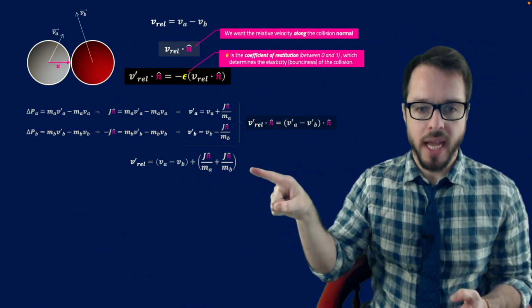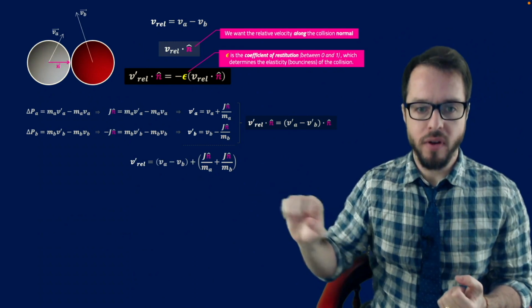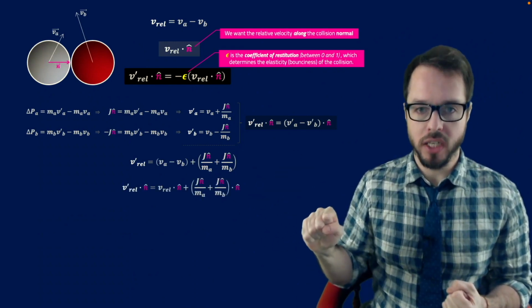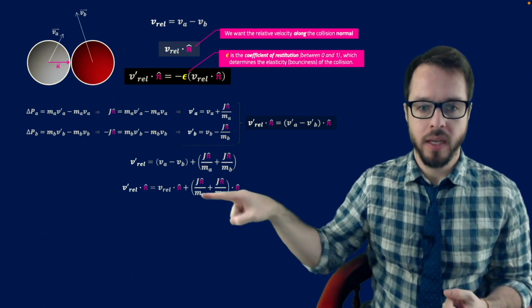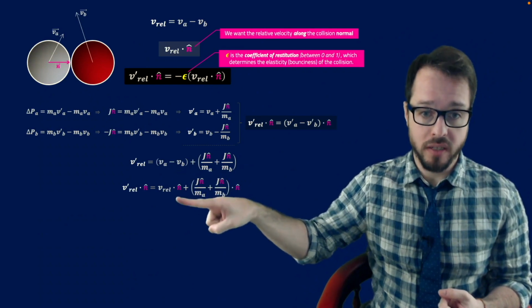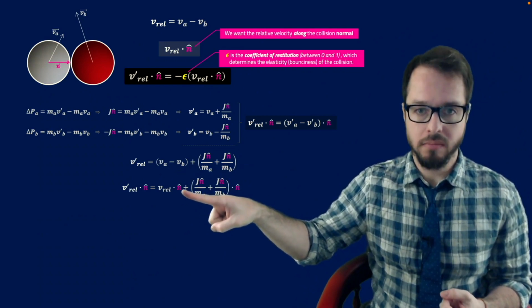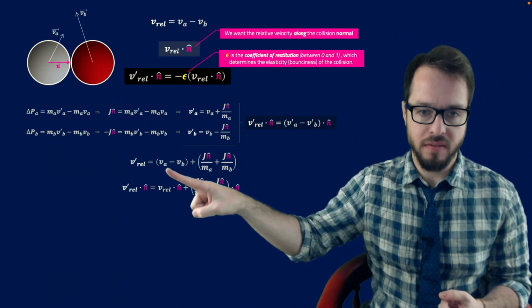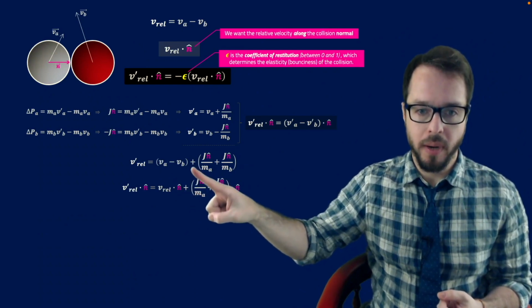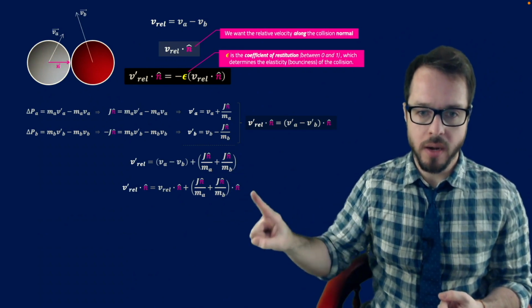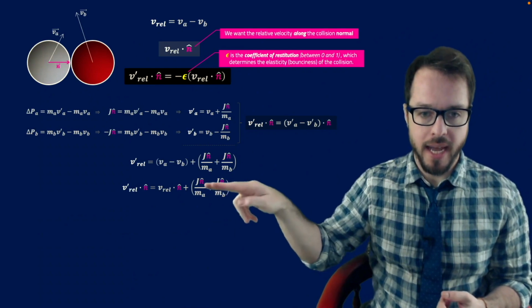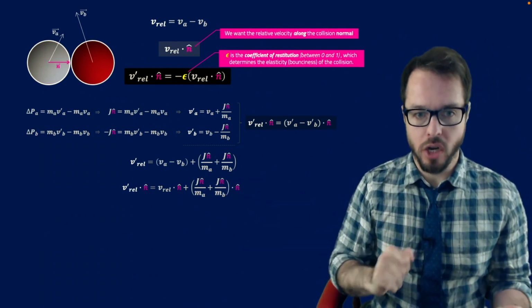So I am going to have to take the dot product n of everything, which means that I'm going to have the new relative velocity dot product n is VA minus VB, that is the old relative velocity, dot product n, right? So I just replaced this thing, VA minus VB, the old relative velocity dot product n, plus this whole thing right here, dot product n, right? Everything dot product n. So I just added this dot product n with all my terms.